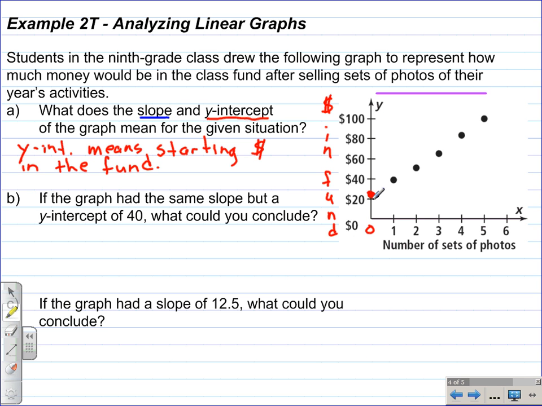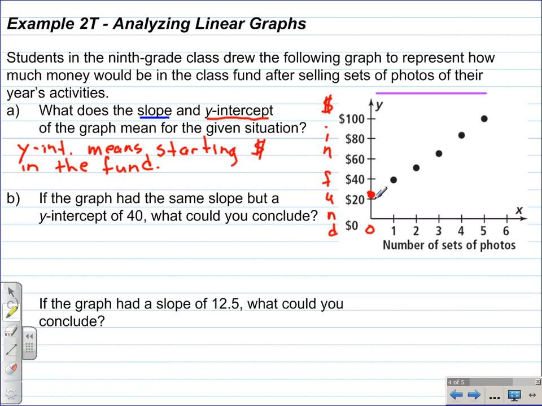Well, what the slope means is we're increasing by the cost of one set of photos. Whatever this increase is, since each horizontal move to the right is an increase of 1, we're plotting how much money is in the fund versus how many sets of photos they sold.